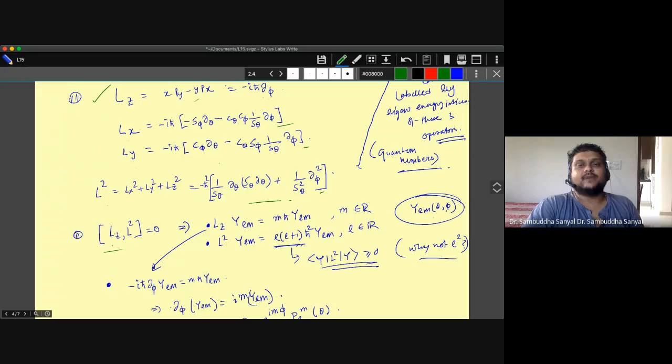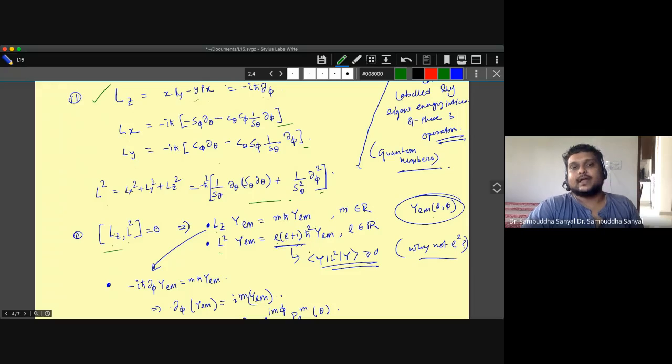Ylm is a function of theta and phi, because Lz, Lx and Ly are entirely functions of theta and phi. There is no r in this. So I am just looking for the eigenstate of this operator. I write down the eigenvalue equation for this as m h bar Ylm, and the eigenvalue equation of this as L into L plus 1 h bar square Ylm.